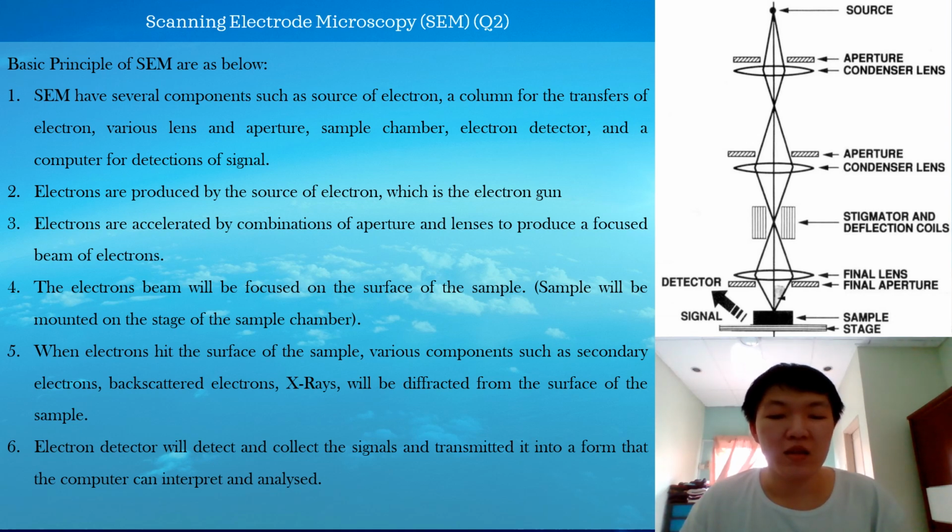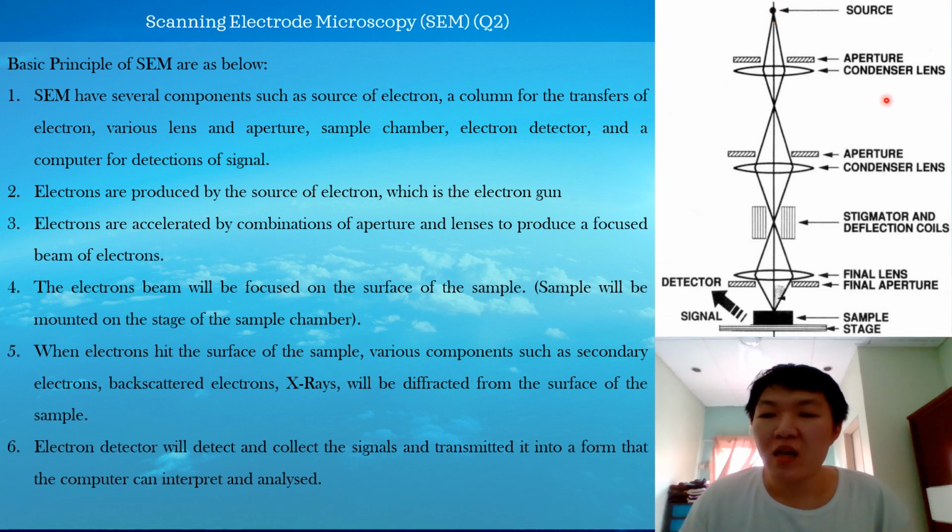At first, the electrons are produced at the source of electrons, which is the electron gun. Next, the electrons are accelerated by the combination of apertures and lenses to produce a focused beam of electrons.